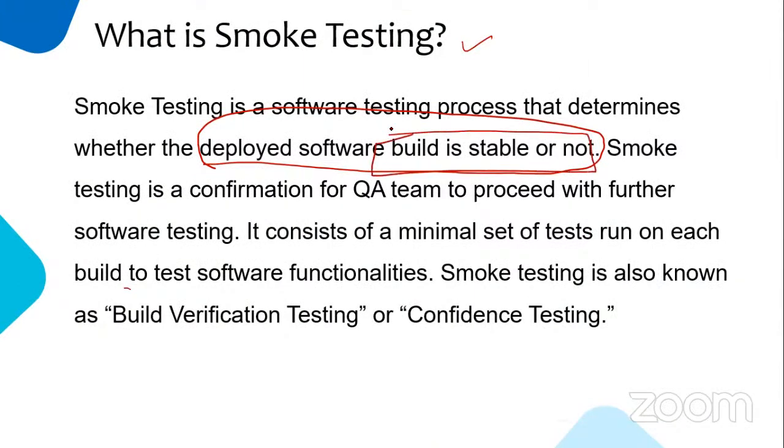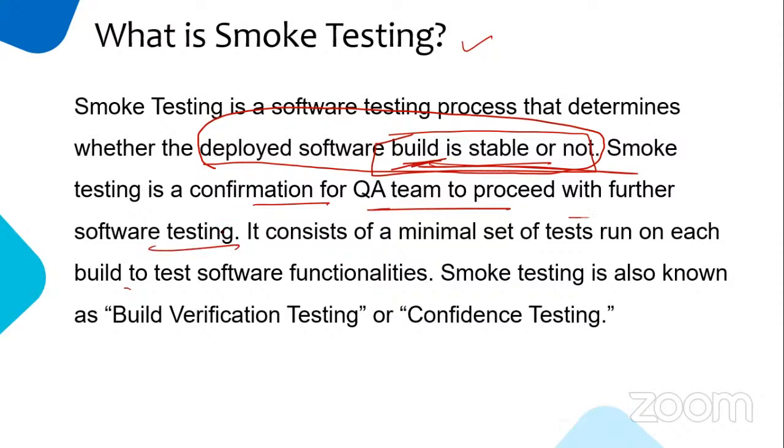If you say this one word, you understood smoke testing. Other than this word, whatever you explain, people will understand that you didn't learn it correctly or you didn't work. So, is the build stable or not. Smoke testing confirms for the QA team whether to proceed further with the software testing.